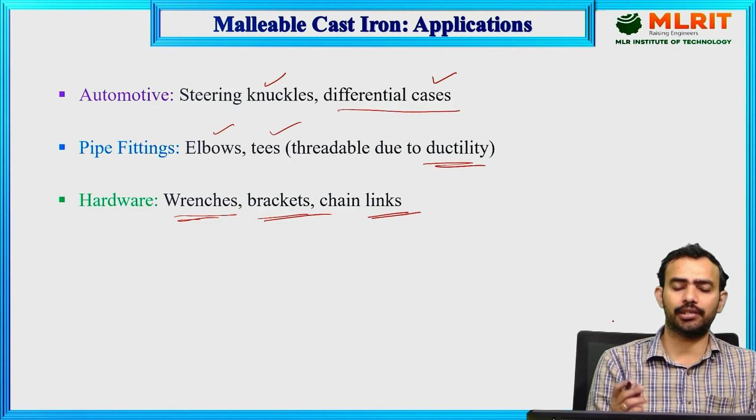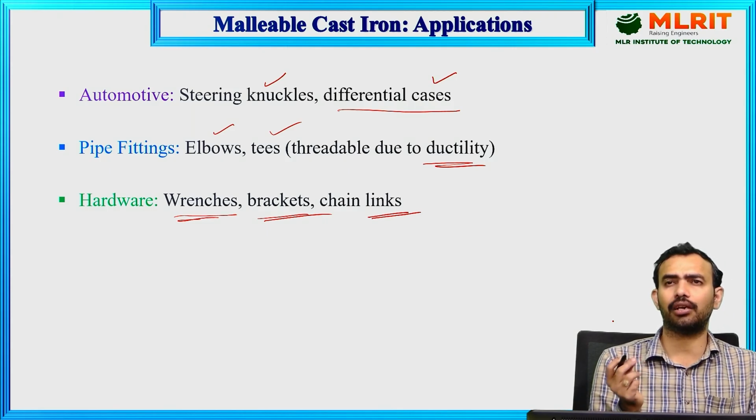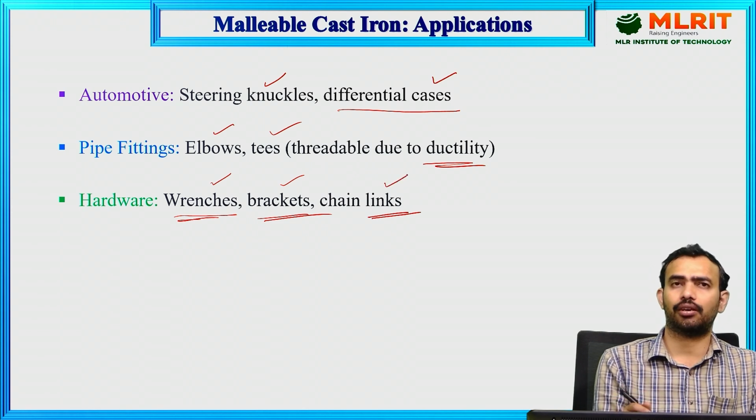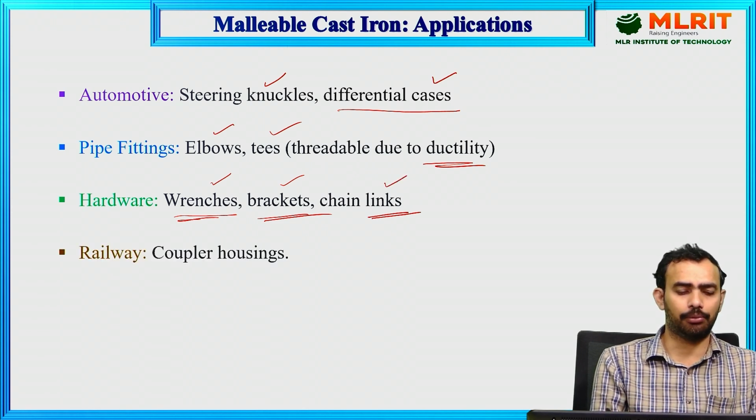These are not thick components. These are thin sections basically. So in the hardware segment, the wrenches that we come across in our day-to-day life, brackets, and chain linkages are all made out of malleable cast iron.